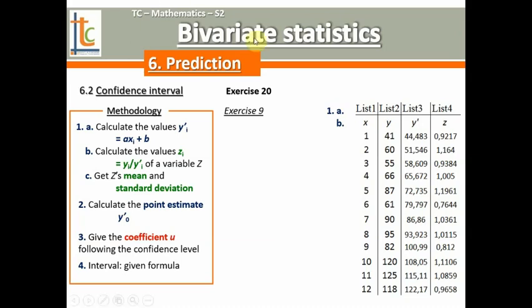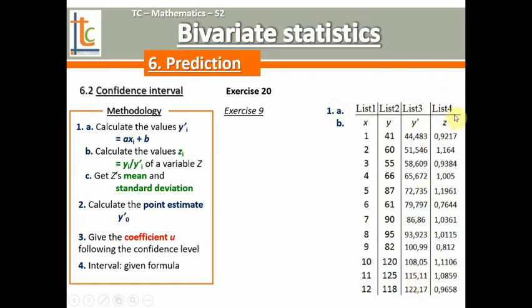So in list 3, at this location, you have to ask a formula that is a times list 1 plus b. Okay, ax plus b, with the coefficients a and b of your exercise. Then the results will be these.